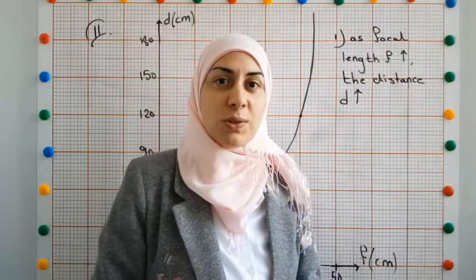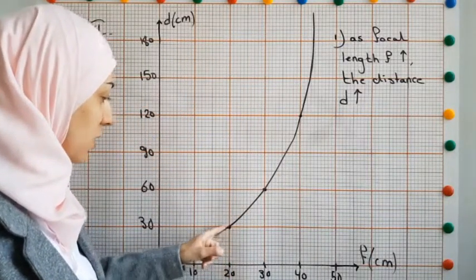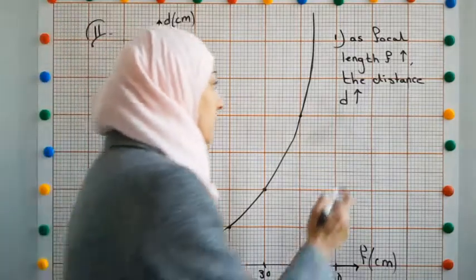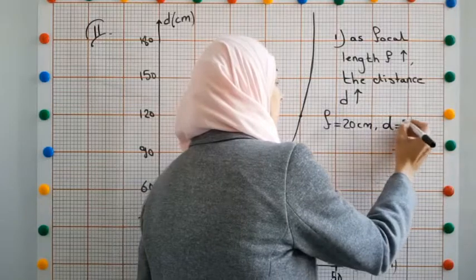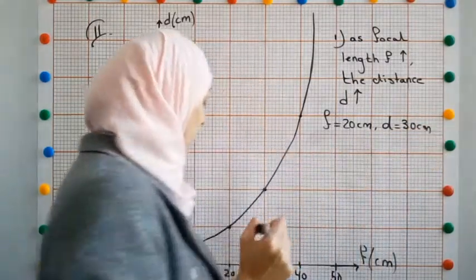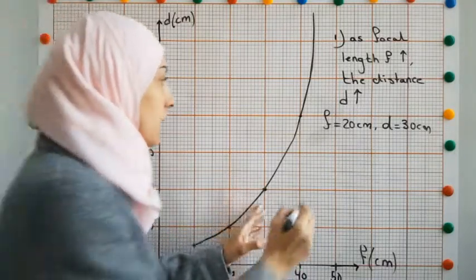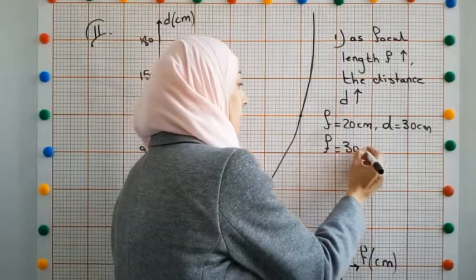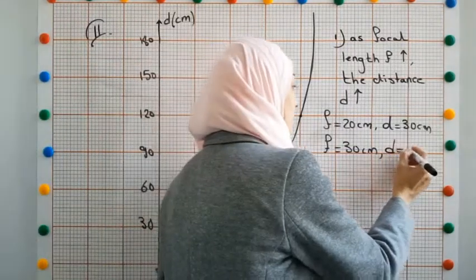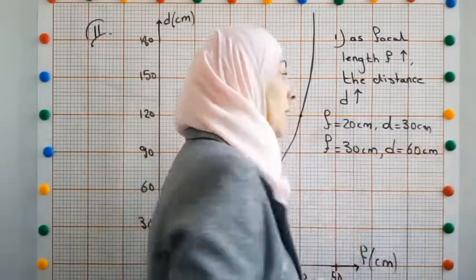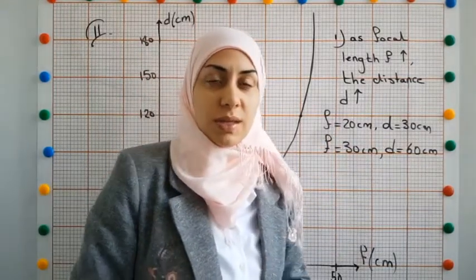Let's take 2 points to justify our answer. So for example, when the focal length was 20, the distance was 30. When the focal length increases to 30 centimeters, the distance is 60 centimeters. As you can see, when the focal length increased, the distance D increased as well.